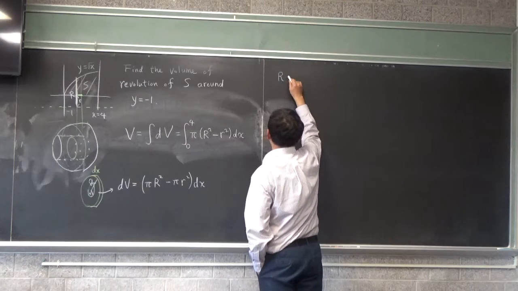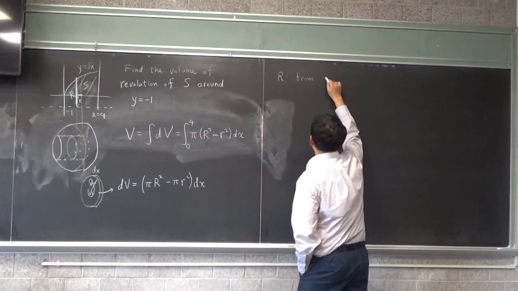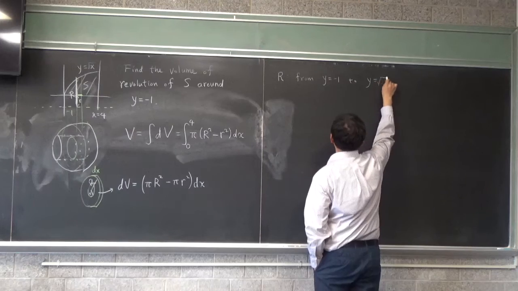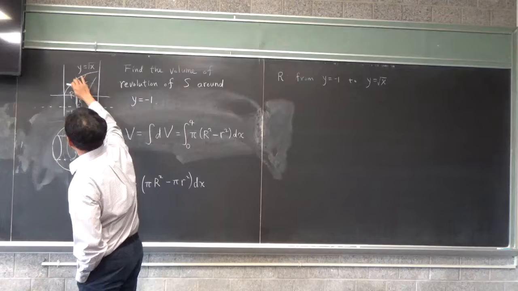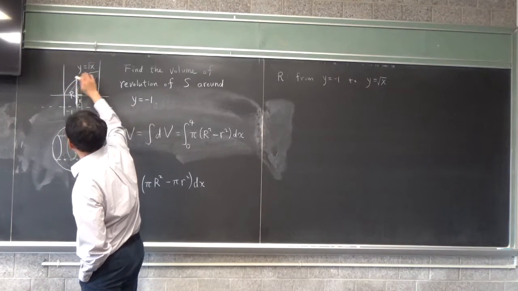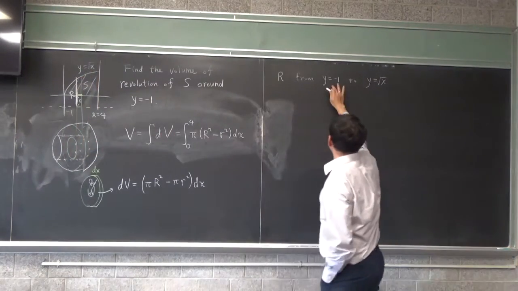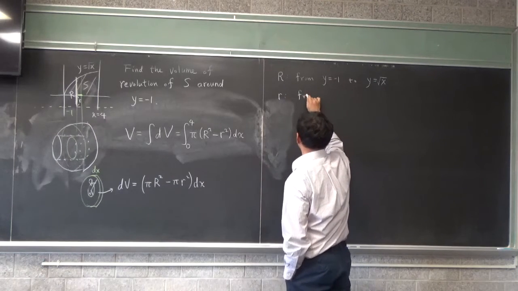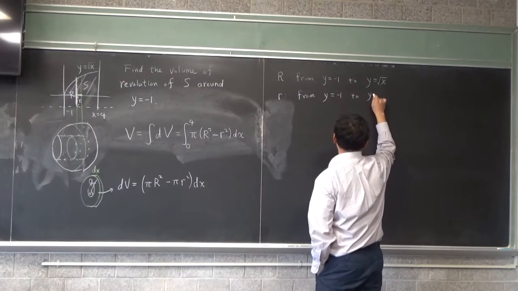Big R is from y equals -1 to y equals square root of x. You start from this dotted line and you go up, up, up until you reach this curve y equals square root of x. Right? Small r is from y equals -1 to y equals 0.